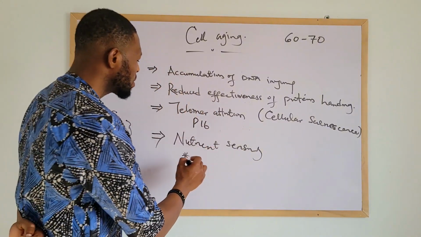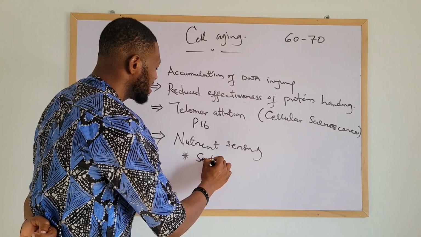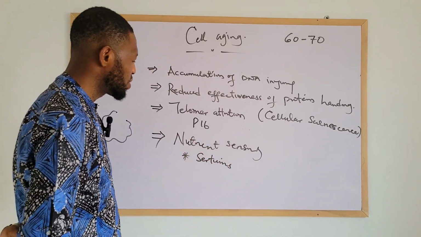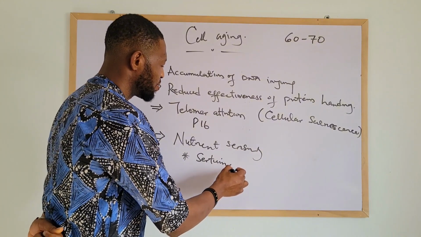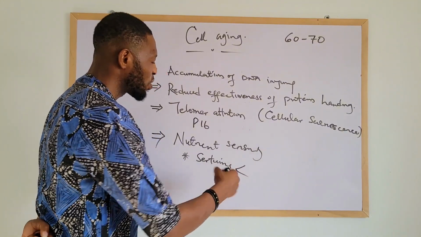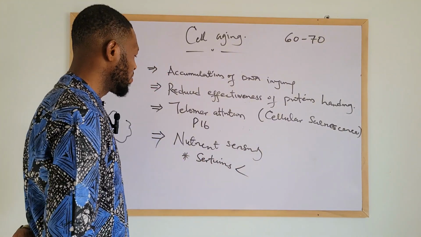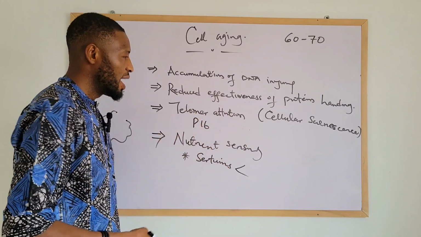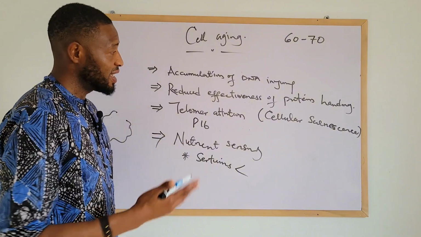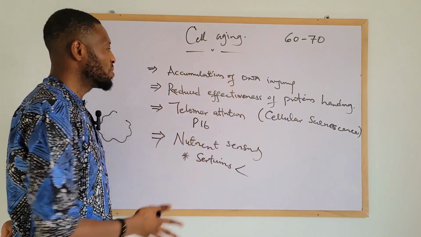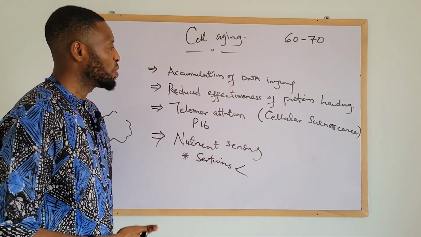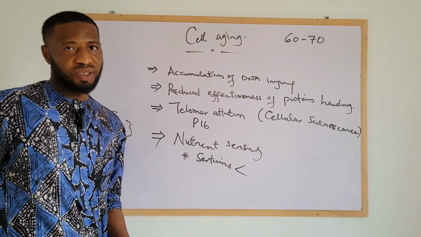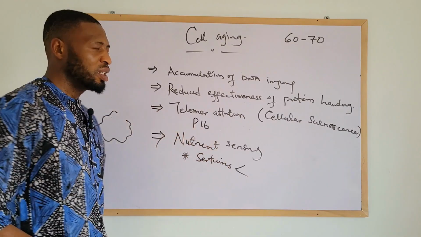And there are certain substances known as sirtuins, which are activated in caloric restriction, and they promote cell health and encourage DNA repair and all of that. So these are some of the things that contribute to cell aging. Like I said, I won't be going deeply into these things, but just for us to know that there are certain substances and situations that lead to and contribute to cell aging.